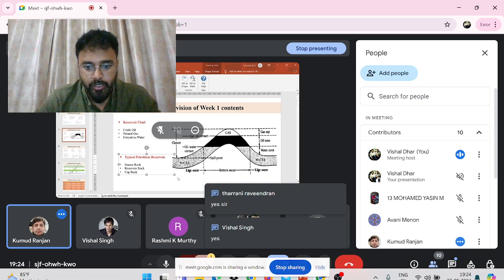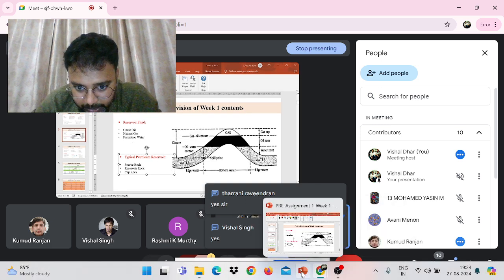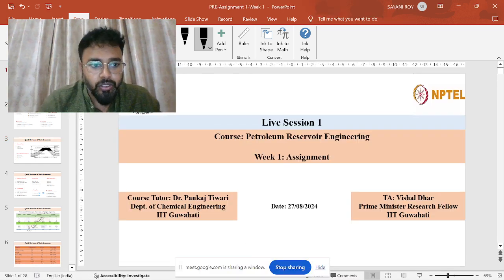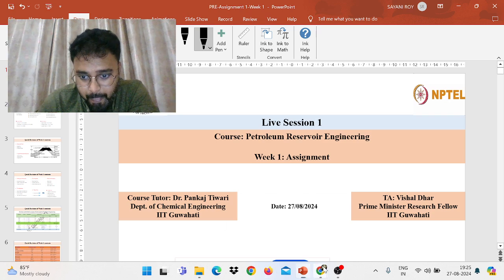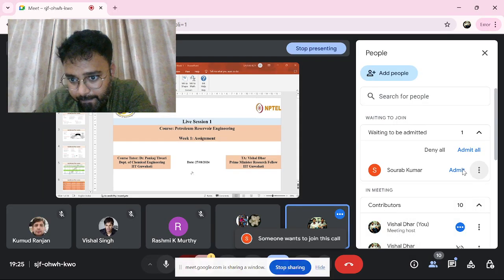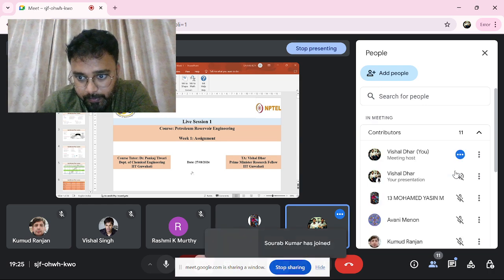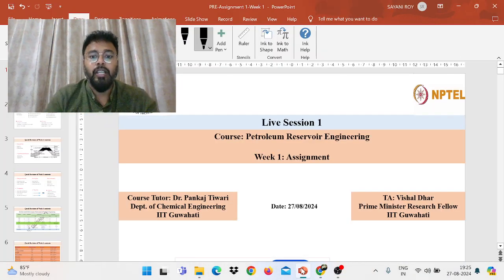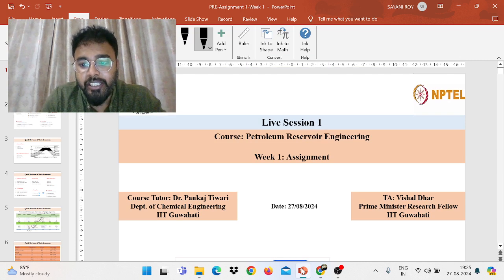Okay, so let me go to the previous slide once again, as my screen wasn't visible. Also, for the people who have joined after some time: I am Vishal Dhar, a Prime Minister's Research Fellow at IIT Guwahati, and the course tutor for this subject is Professor Pankaj Tiwari, also from the Department of Chemical Engineering, IIT Guwahati.